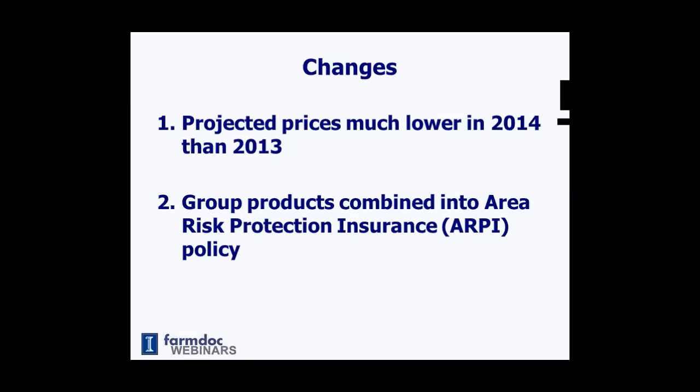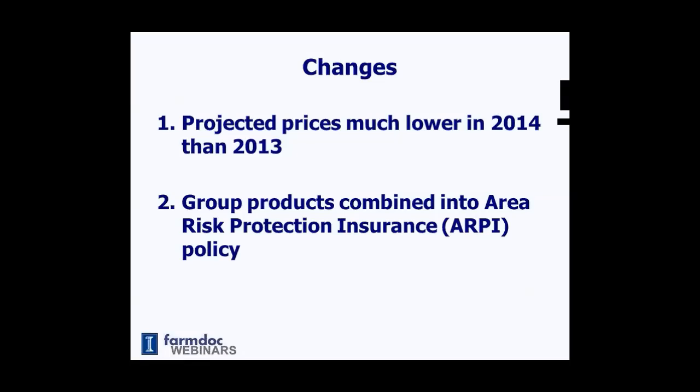All right, now we're going to move on into 2014 and look at the changes that exist in 2014, and there are two changes that I want to highlight here. There are several others, but these are the two big ones. First off is that the projected prices in 2014 are going to be lower than they were in 2013, and that is going to cause our guarantees to be lower as well.